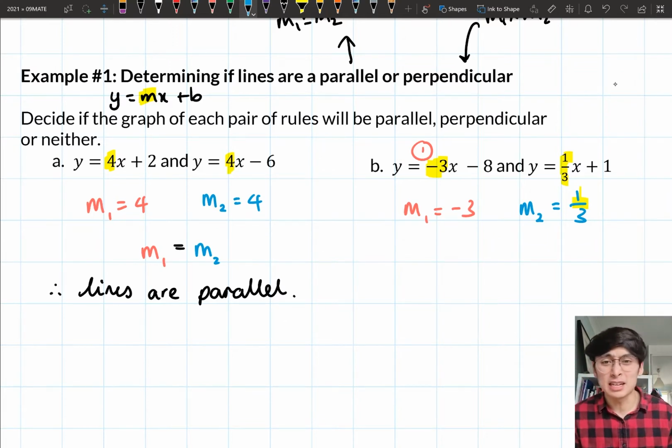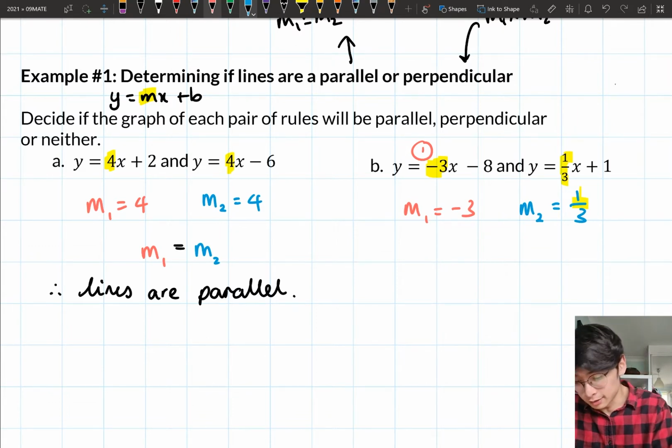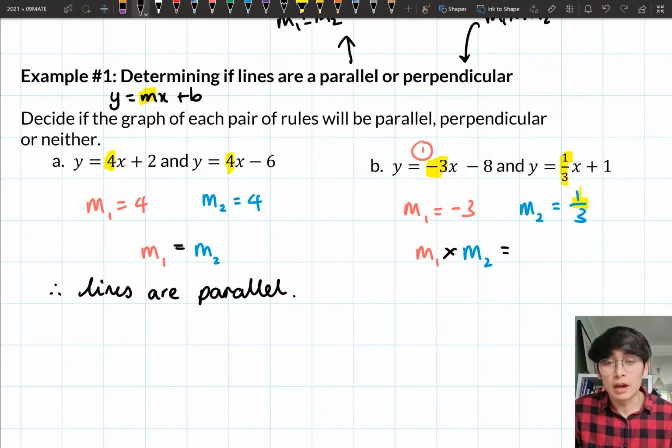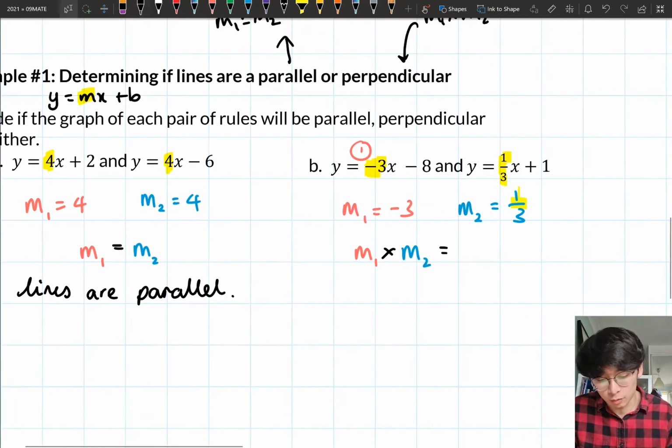Now notice here immediately, -3 and 1/3 are not equal. So that means that they're immediately not going to be parallel. So from here we can check, are they perpendicular? What we want to check is m1 times m2. If I multiply the two gradients, we want to have a look at what that number is. So let's write that down.